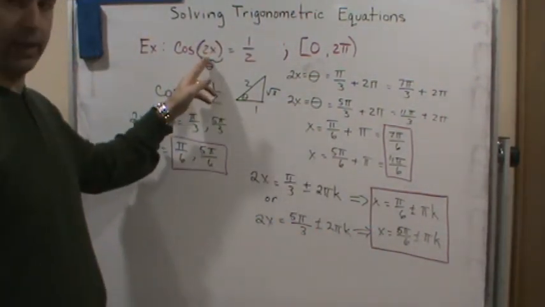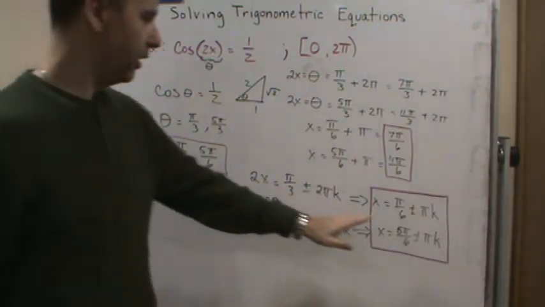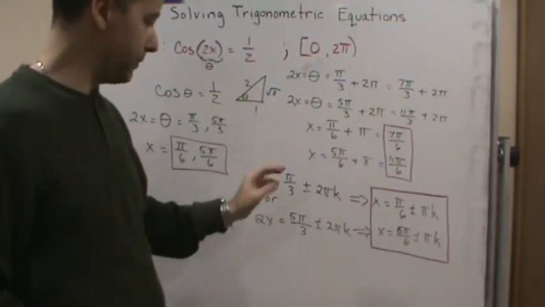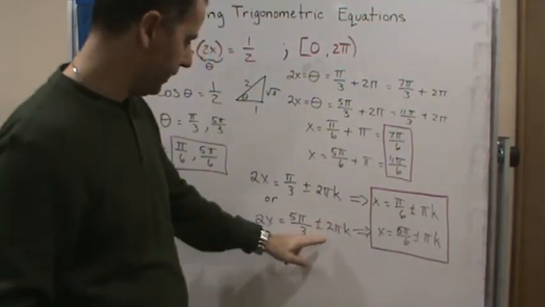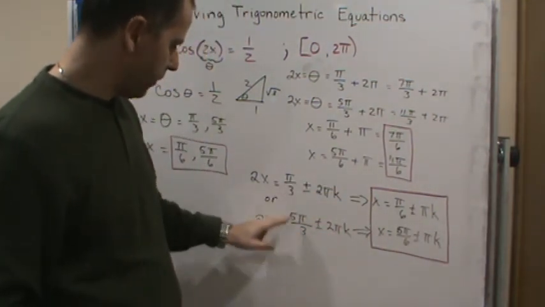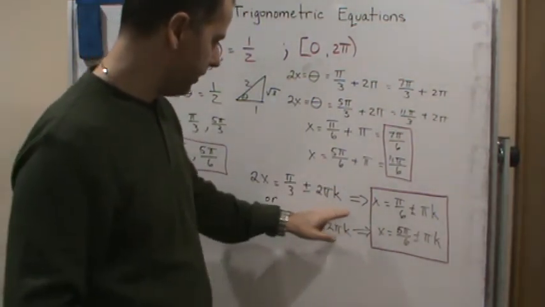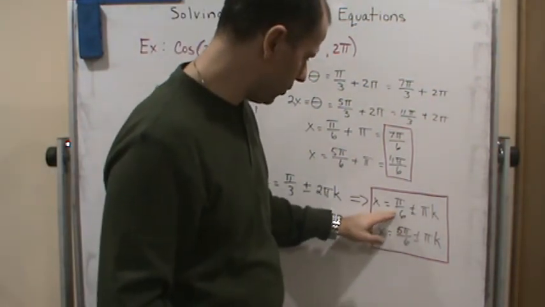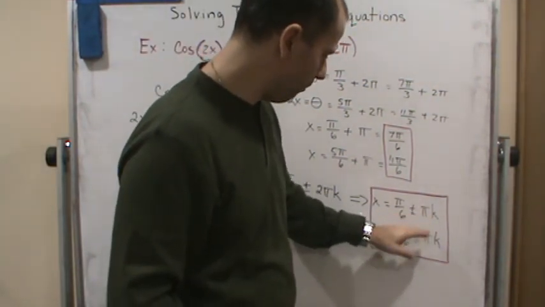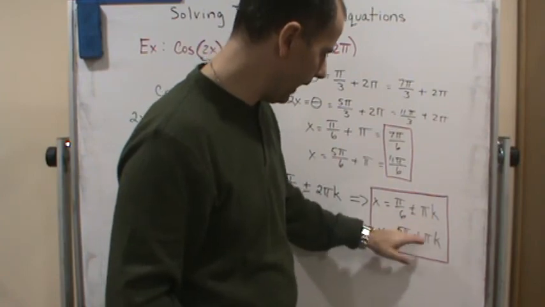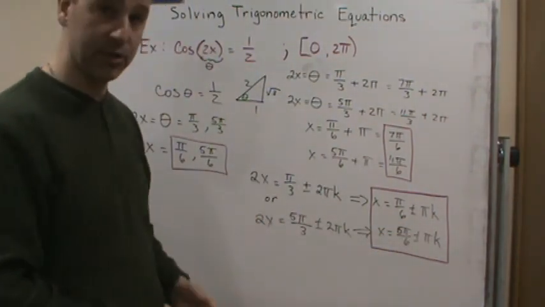Now if this was 3x, then we'd have to go around the circle 3 times. We would find the first 2, and then we would add multiples of pi until we got the last 2 sets.